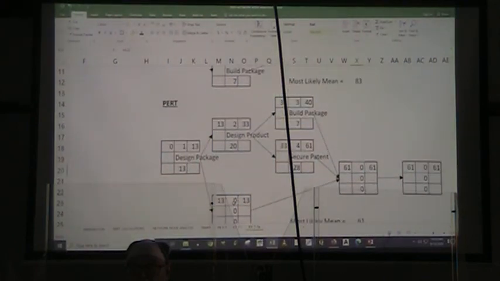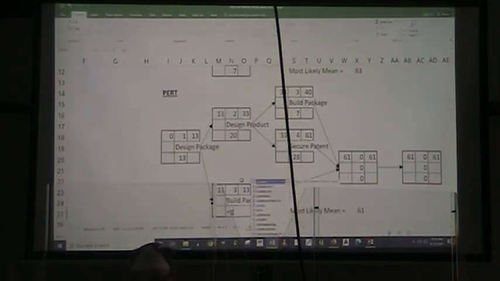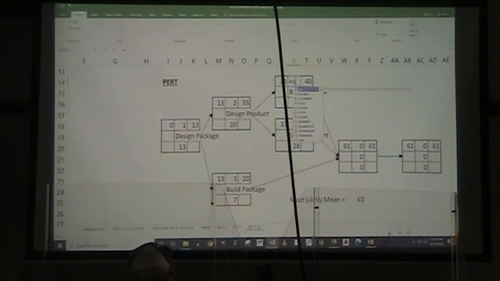Uh-oh. Which is this? All right, A6. Excuse me, equals A6, B6, G6. And then here it's A7, B7, G7.